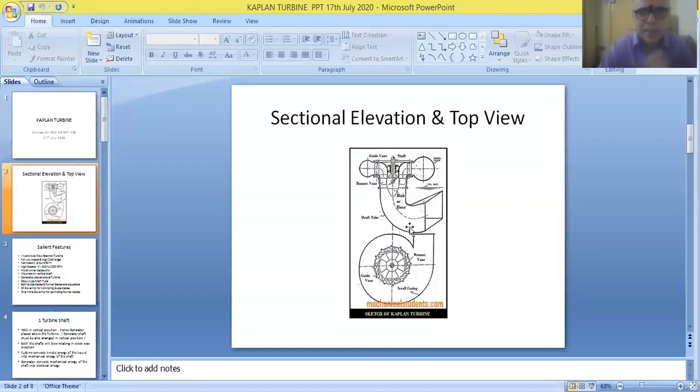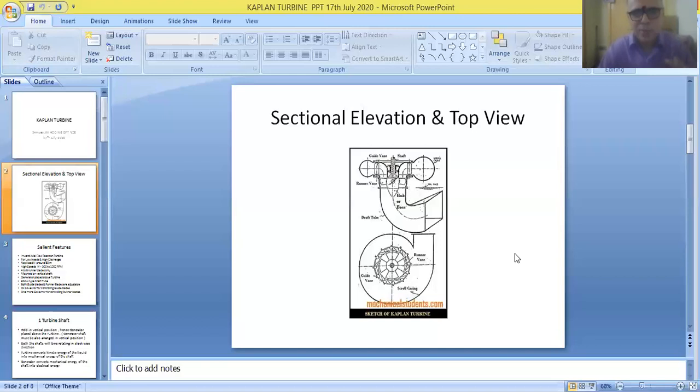So friends, these are the various components. We have seen the arrangement of the components. We have talked about the construction of the machine, functions of components, and also we have noted down the working of the machine.